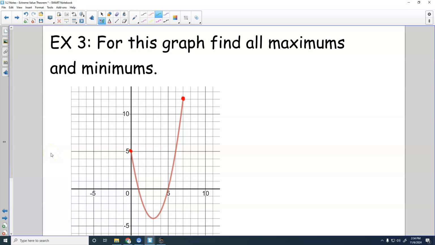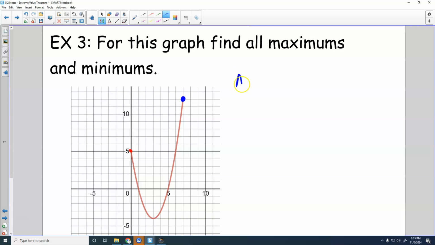Okay, what do we have going on here? This graph stops. We have endpoints for this graph. Okay, what is it? Okay, that's where it's at. What is its value? 12.